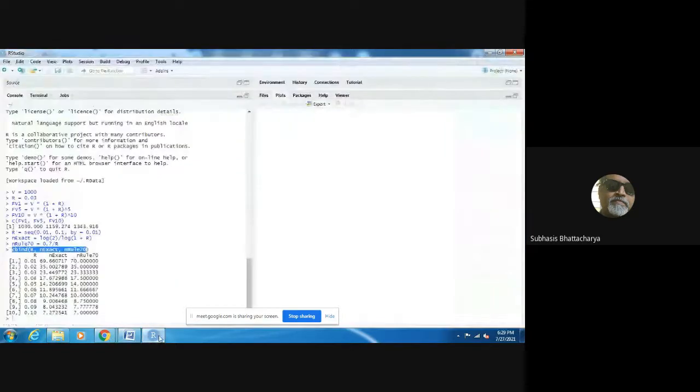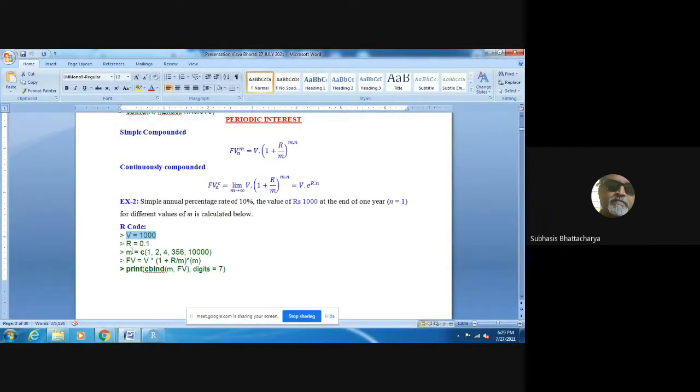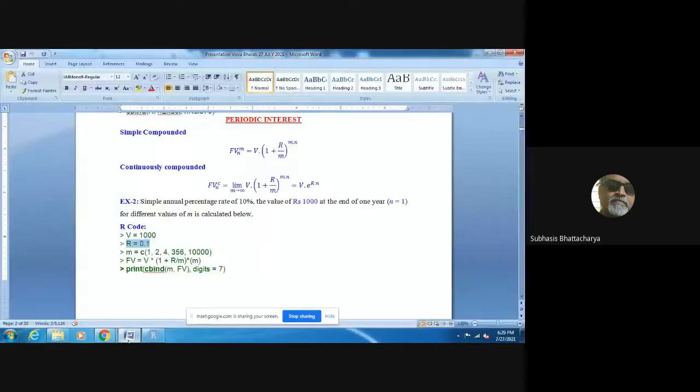We put the initial wealth 1,000, and the rate is 10%. We consider the frequency as 1 time in a year, that is annual, biannual, quarterly, daily, and also 1,000 times, 10,000 times. So we consider the frequencies by these values.